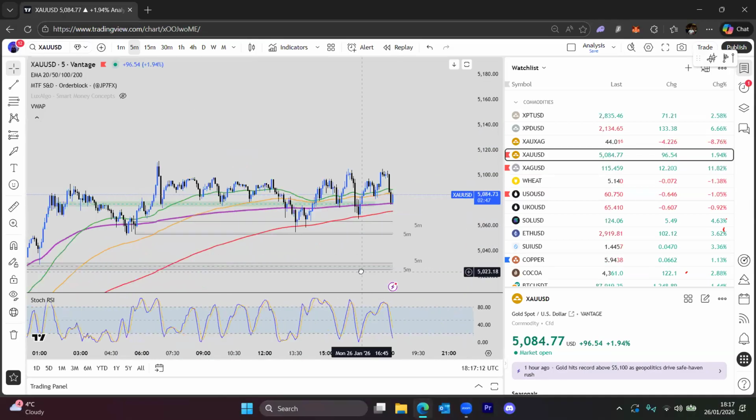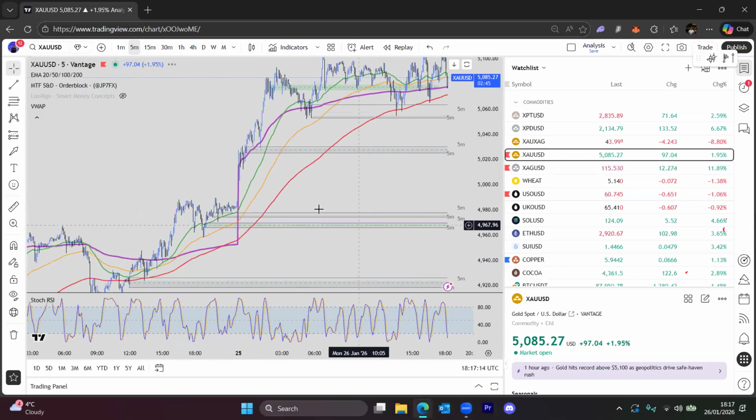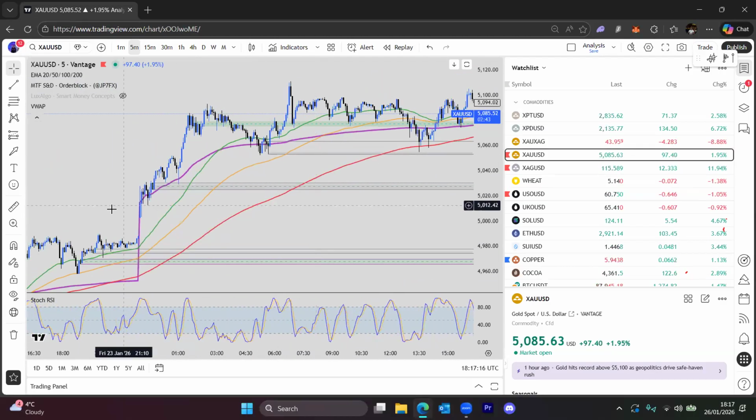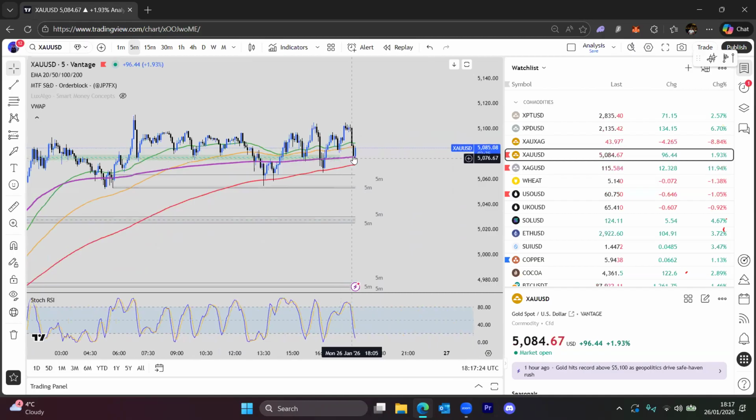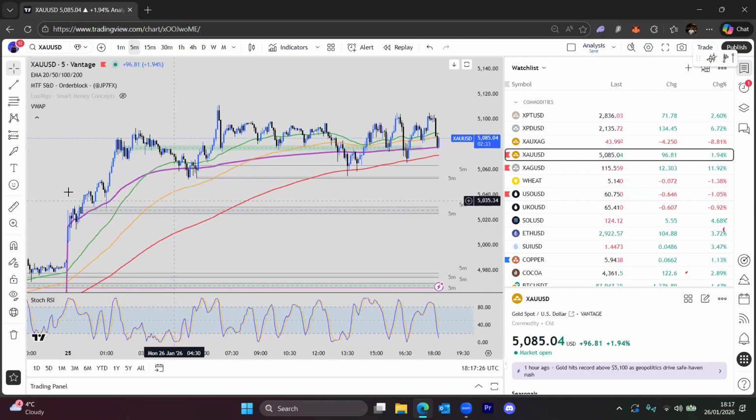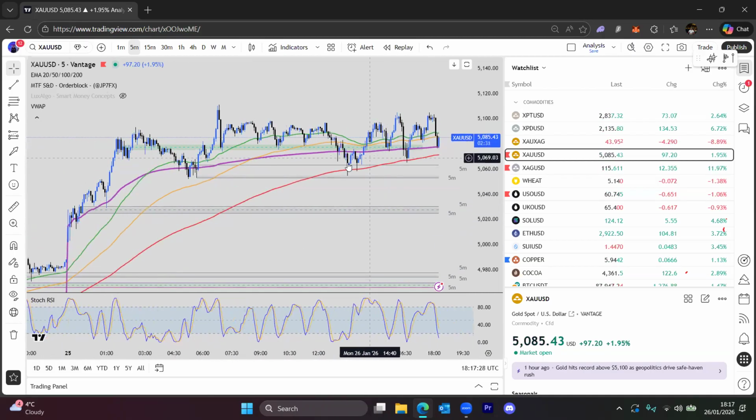So institutional desks will generally buy when price returns to the volume weighted average price. You see they're buying here, here, here, here, here, here, and here. All the points where price has reverted to this purple line are generally pretty good entries. If you were to buy here, you would have done all right. Again, you would have done all right.